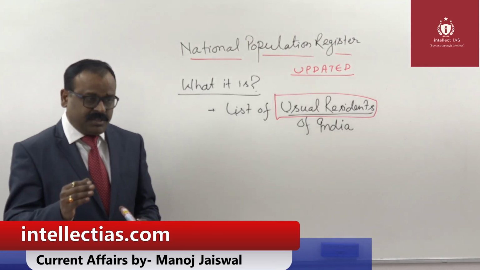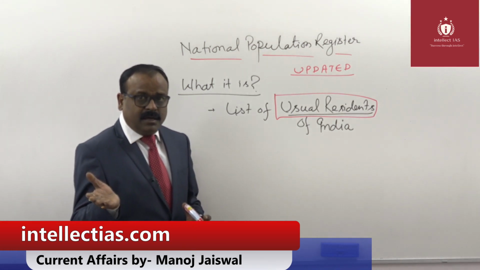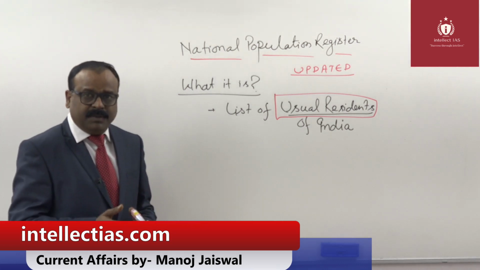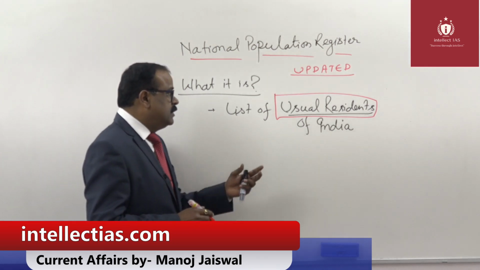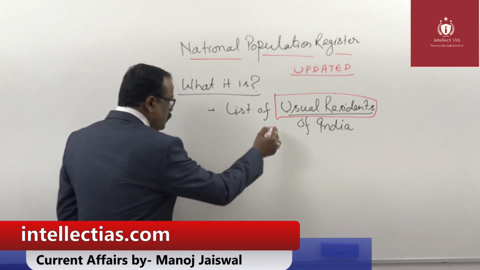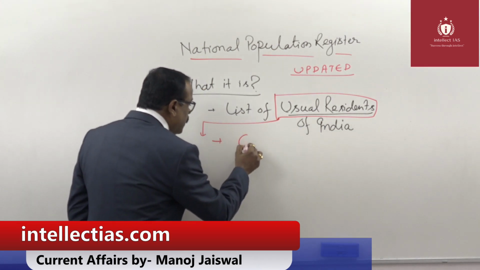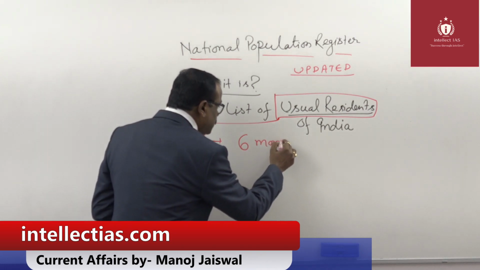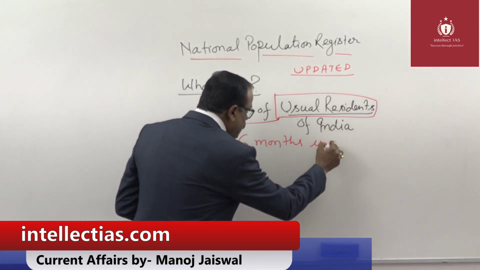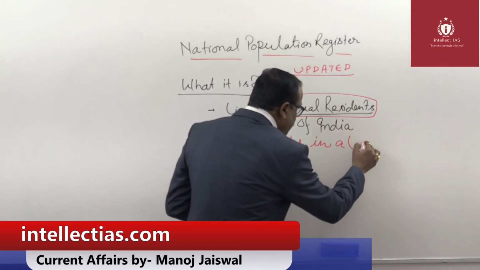We will discuss later about the legal provisions or the constitutional provisions. So usual residents are those who are living for the last 6 months in a locality.